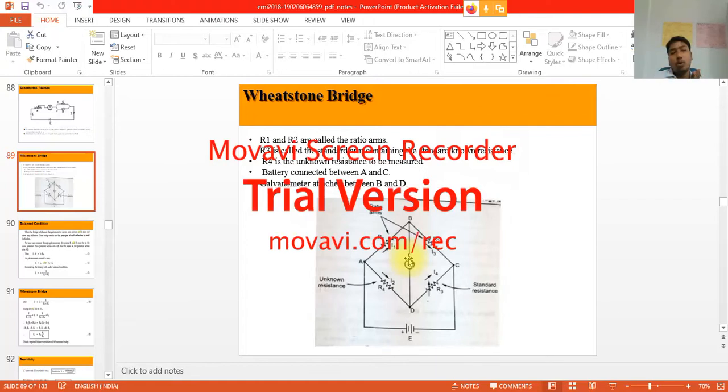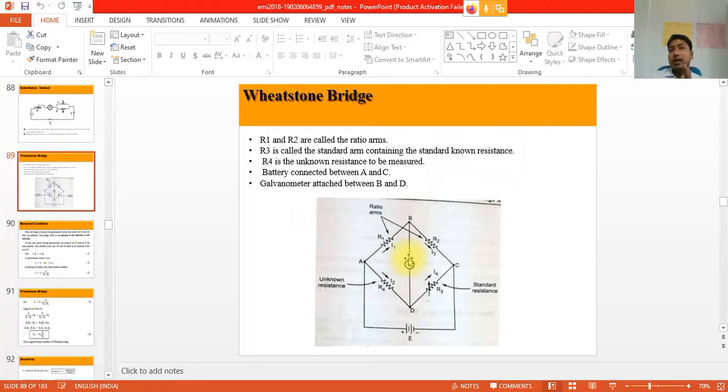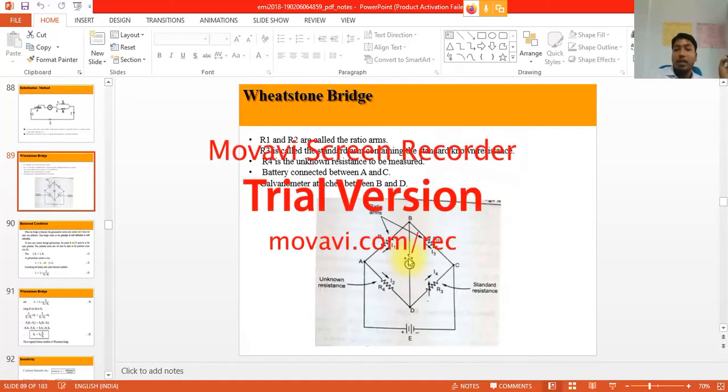If the two nodes of a circuit are at the same potential, or you can say at the same voltage, then there will be no current between those two nodes. Here we are going to find the condition of balance.